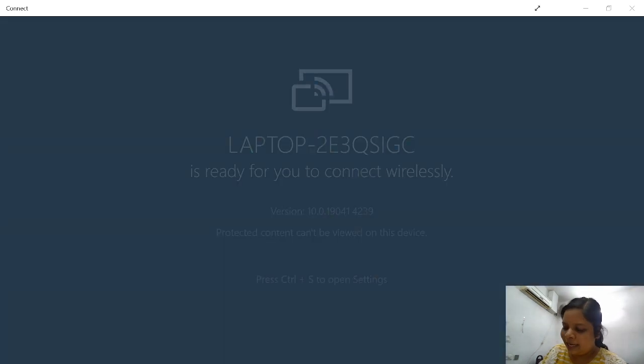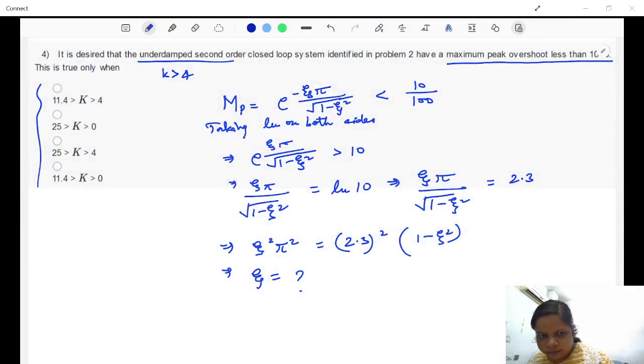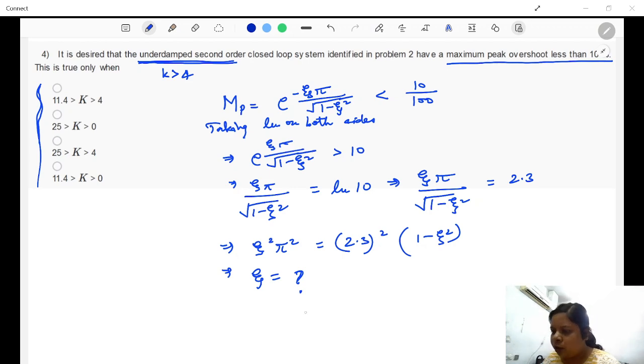And we have to select an option from here. From here, you have to calculate the value of zeta. These four options are given to you. Mind that there is already a constraint that k has to be greater than 4 because of the underdamped second order system. From here also you're going to get something.